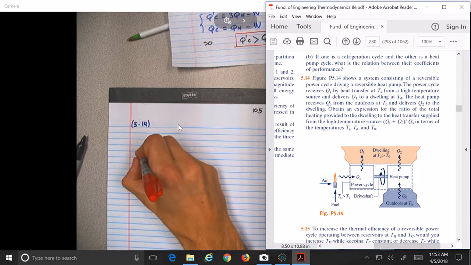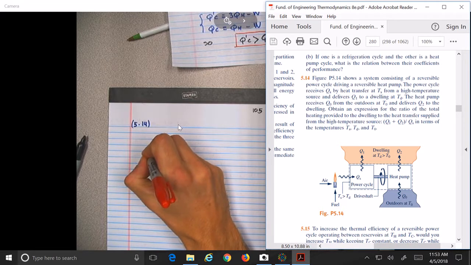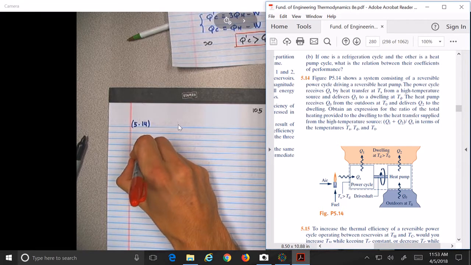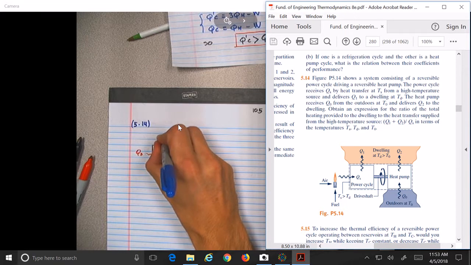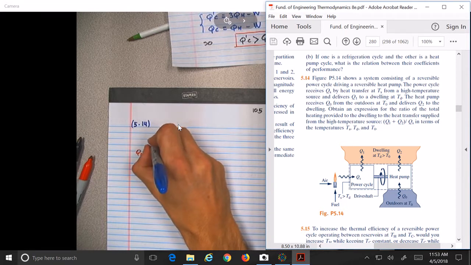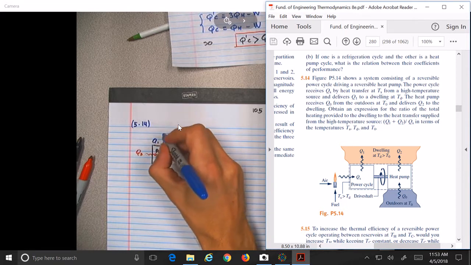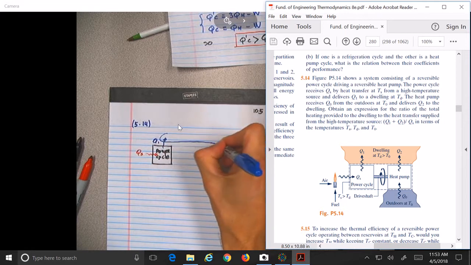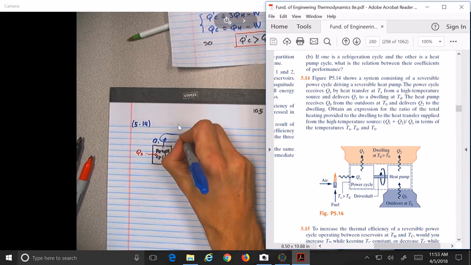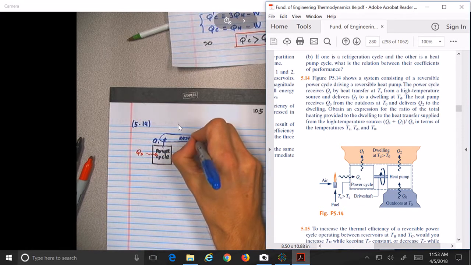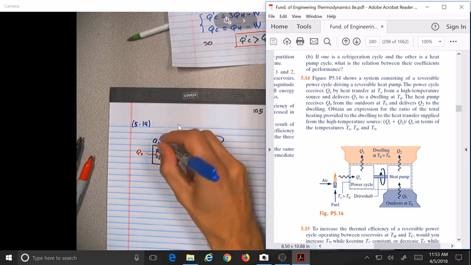So they put over here this as Q sub S. And this is removing energy Q sub 1 into some type of reservoir over here. So for this one, it's really the cold reservoir for the power cycle.